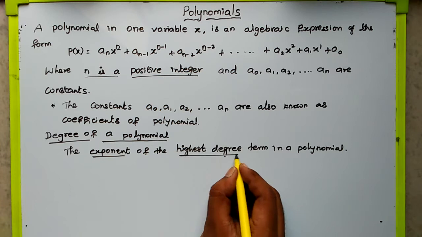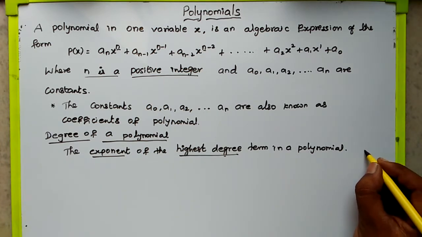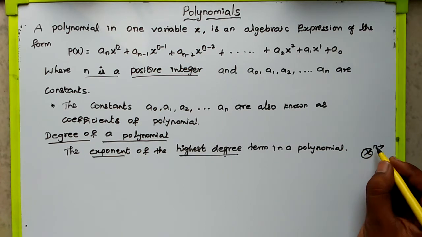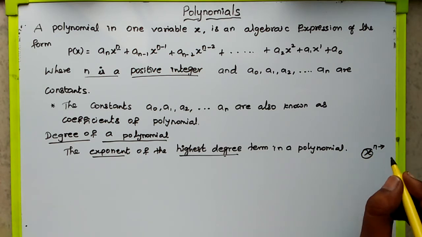Exponent and highest degree. What is exponent? In case we are writing x power n, so x is base and n is exponent, so the highest exponent is the degree.